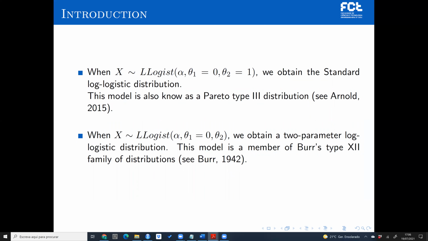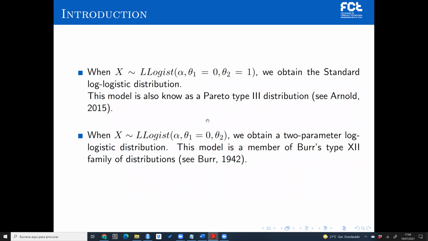We know that when we have a three-parameter log logistic distribution and consider the location parameter equal to 0 and scale parameter equal to 1, we obtain the standard log logistic distribution. This model is also known as a Pareto type 3 distribution.